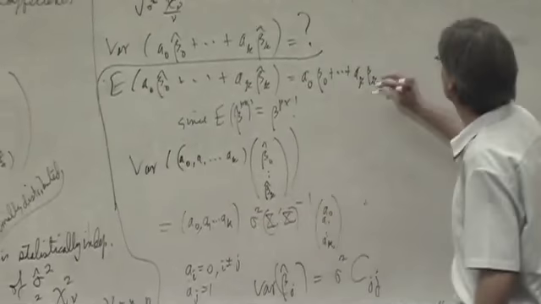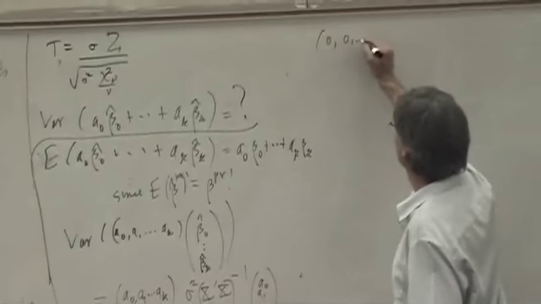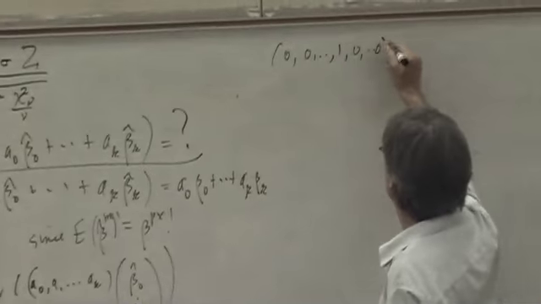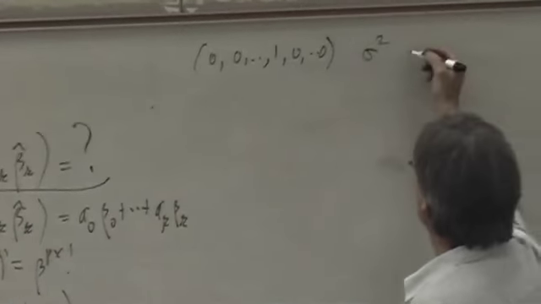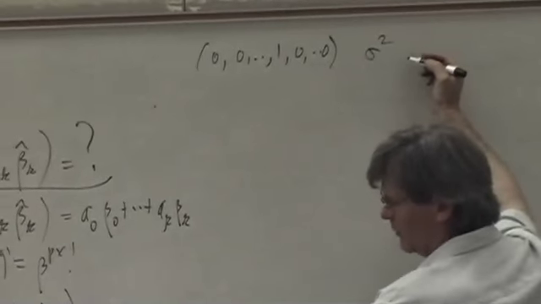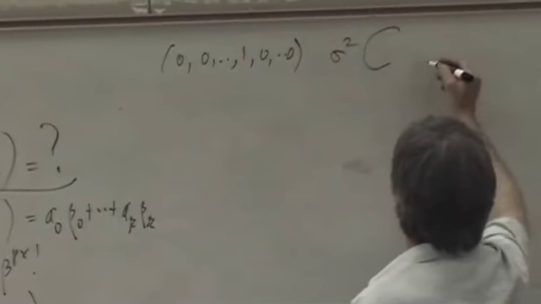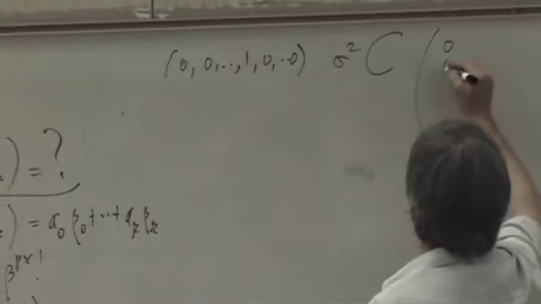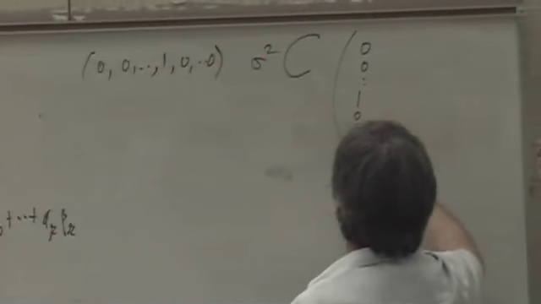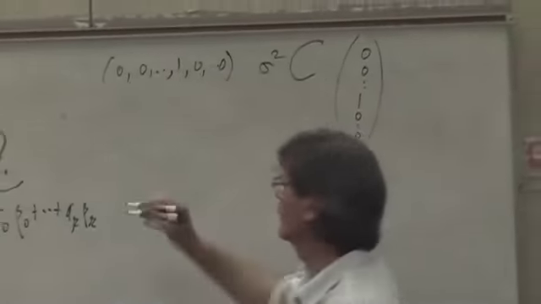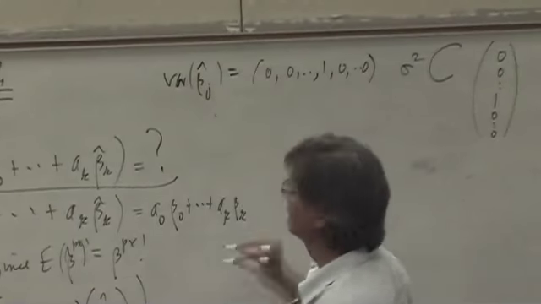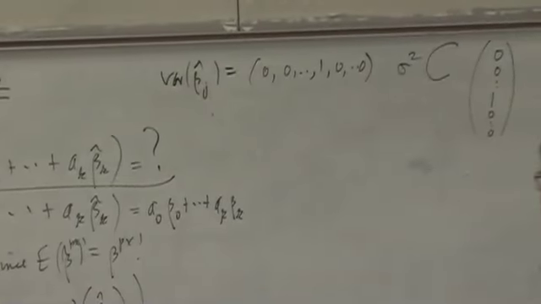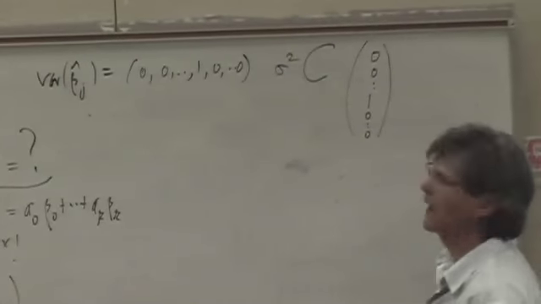In other words, if I take 0, 0, and so on, 1, and then 0, 0, times sigma squared times the inverse of this matrix, which I'm calling capital C, and then I put 0, 0, and so on, 1, 0, 0, that's what I'm getting. This is the variance of beta j hat. Then I just get a diagonal element, right?